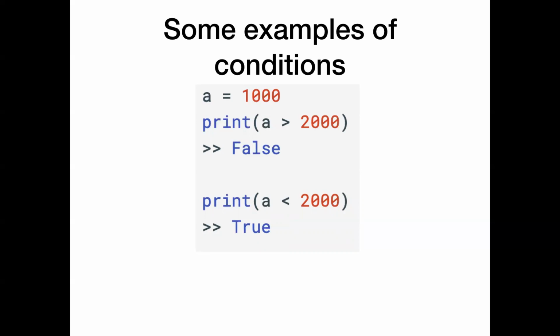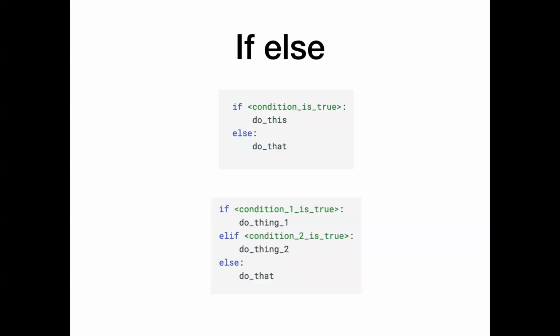And the idea is you can actually print out a condition like this, and if it's true, it will print out true. If it's false, it's going to print out false. As I said, you could print out everything in Python, but essentially you could also use this as something like this. If a is greater than 1000, do something. If it's less than 2000, then do something else.